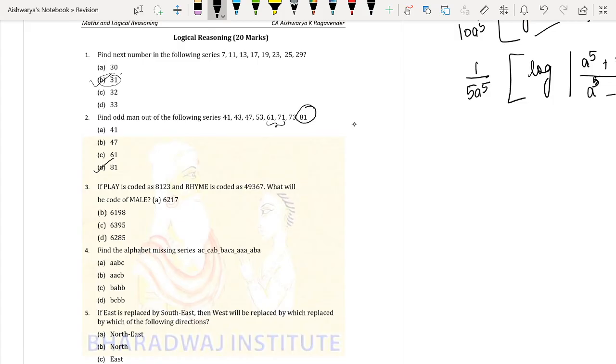So I think the logic behind this question is actually prime only, prime and composite, not anything else. Ma'am, but that first one is the difference is 4 to 4 to continuously, ma'am. Okay. Correct. That is the reason. Because 25 is not a prime number. Correct. That is the reason.